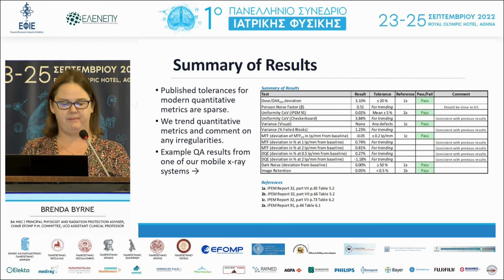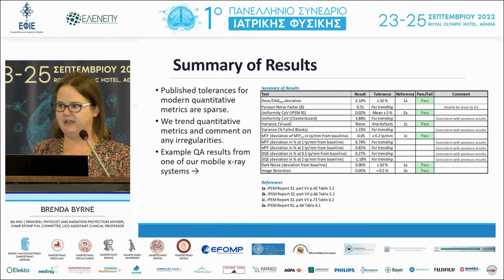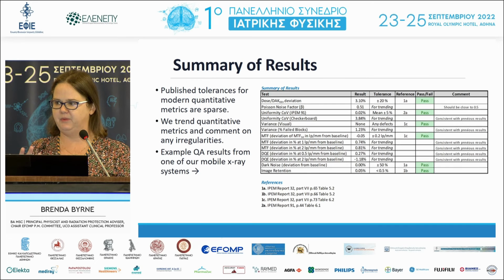And this is just an example of a summary that we would produce for one of our radiologists or radiographers, detailing all the measurements, and we tell whether they passed or failed. And then in the background, we're constantly trending our data to see how our detectors are operating. We have mostly GE detectors with some Siemens and Philips in our hospital.